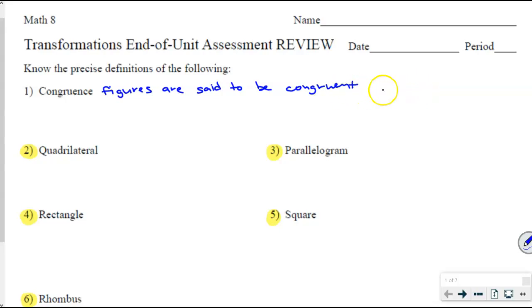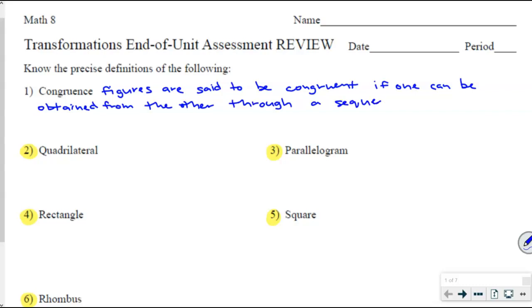I'm going to be formal in my official definition, but you can say they line up. That's okay. You can just say we can move from one to the other. But I'm going to say figures are said to be congruent if one can be obtained from the other through a sequence of rigid transformations.